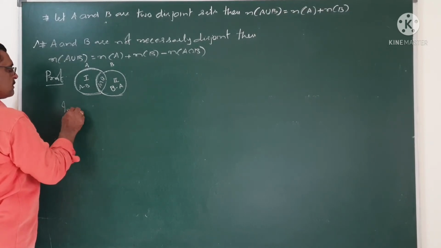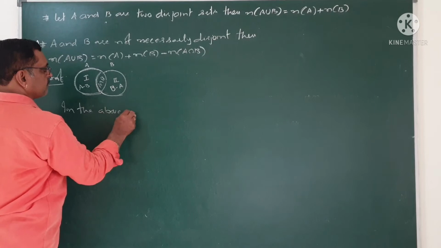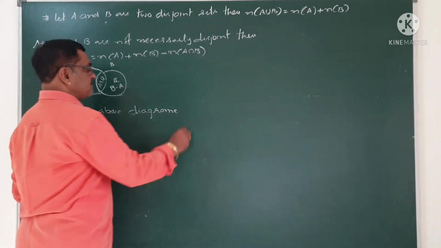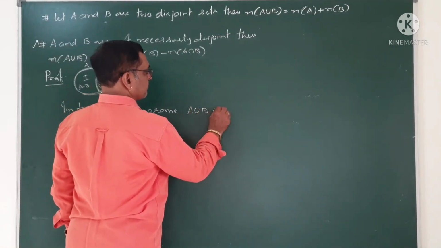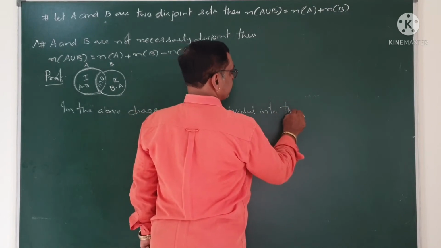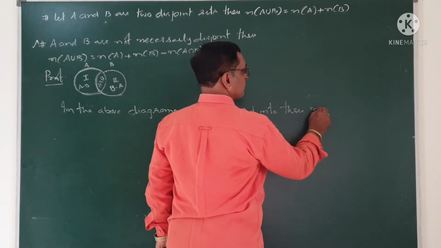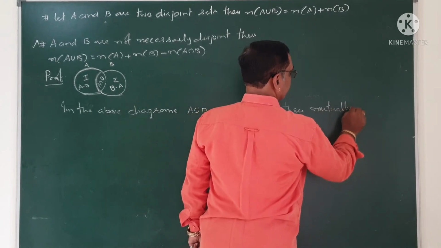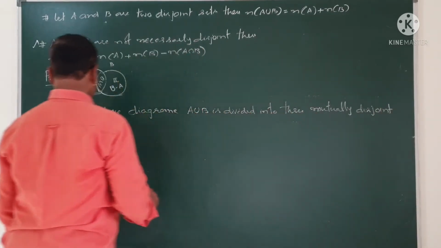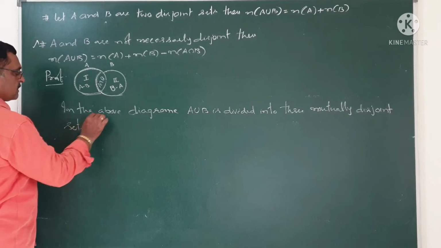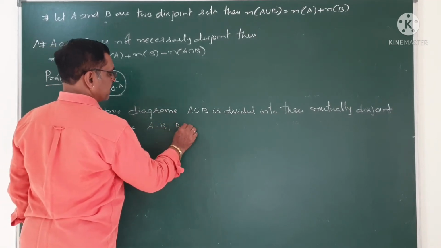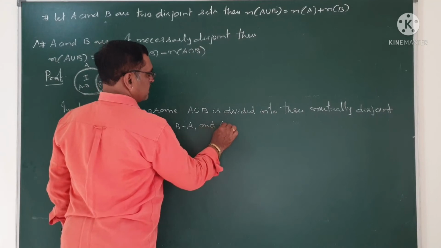In the above diagram, A union B is divided into 3 mutually disjoint parts: A minus B, B minus A and A intersection B.